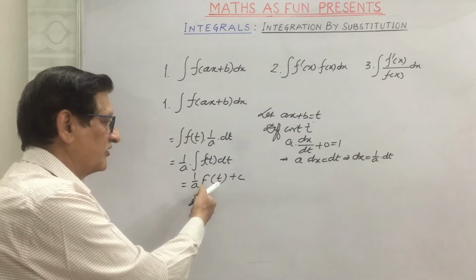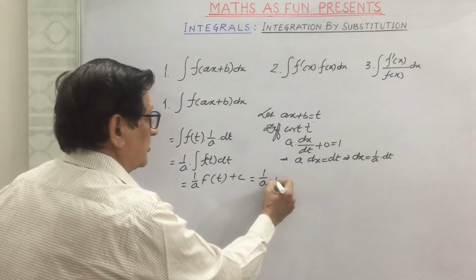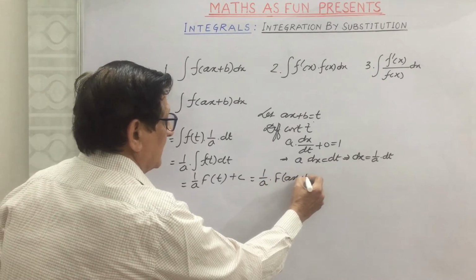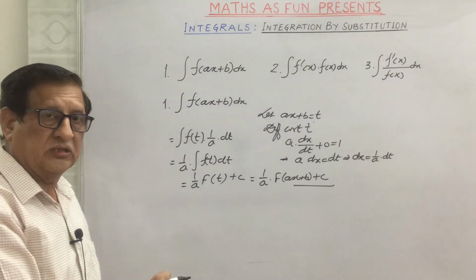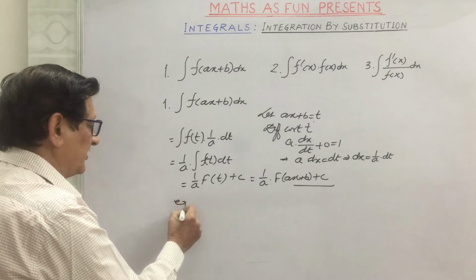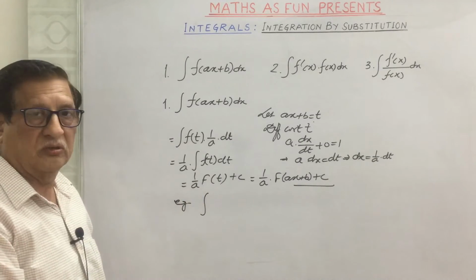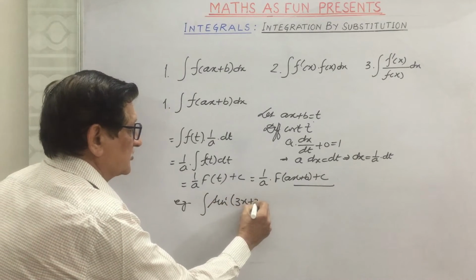And we can substitute the value of t here. This is 1 upon a into F of ax plus b plus c. To understand this with one example, let's take it. Suppose we have the integration of sine of 3x plus 2.